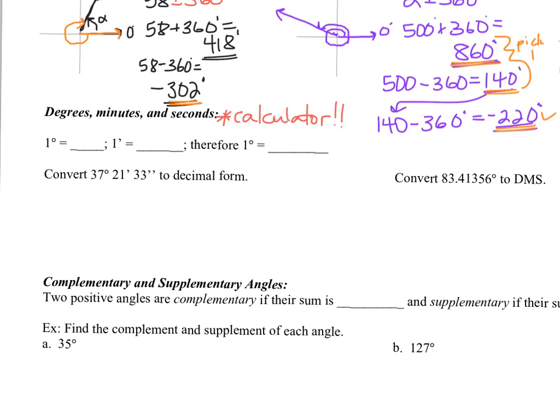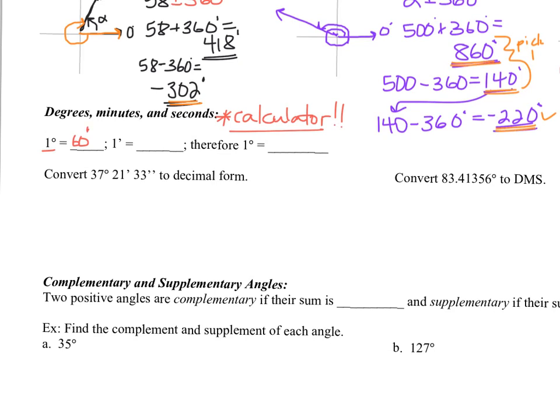If you haven't already been using a calculator, now would be a great time to go grab one. What we're going to do next is take a degree value and a portion of a degree and convert it to minutes and seconds. The template we'll follow is that 1 degree is equal to 60 minutes.